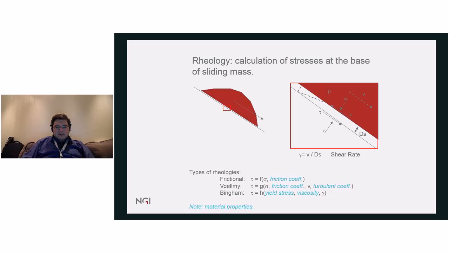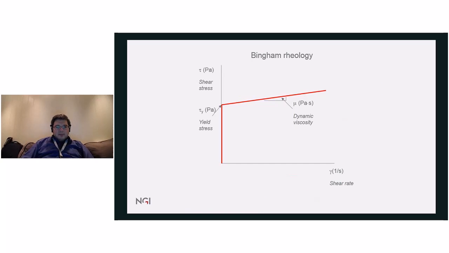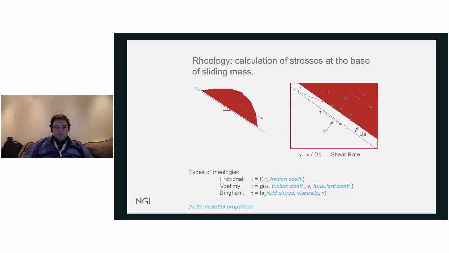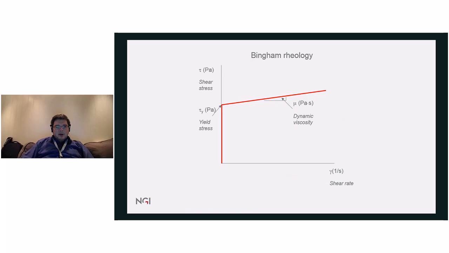All these terms in blue are basically material properties, so we have to figure out a way of calculating them. The Bingham rheology is quite simple to represent. Here we have basically two parameters given in this curve of shear stress versus shear rate.